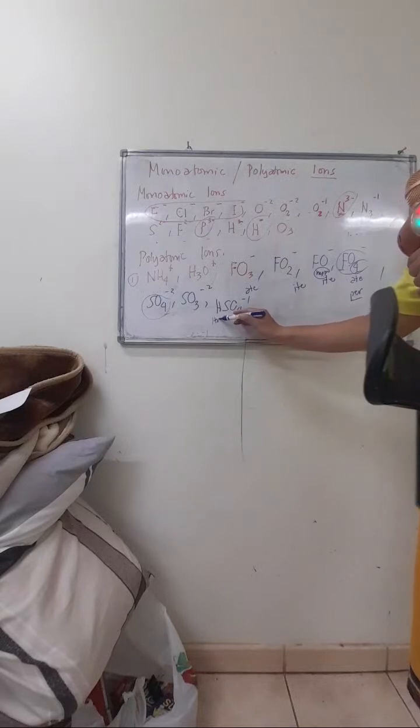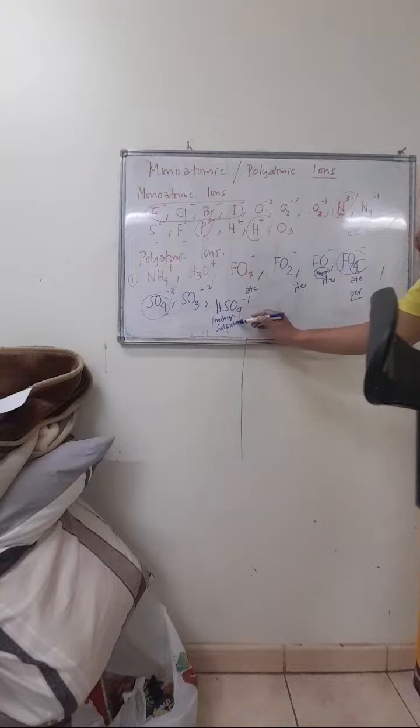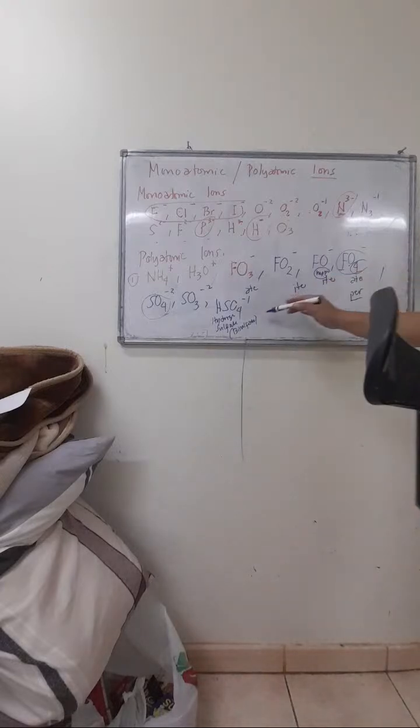This is the category in which sodium bicarbonate belongs, because of the bi, negative 1 charge. Let's go there later. So hydrogen sulfate or bisulfate. Now this one carries SO3: HSO3, hydrogen sulfite.